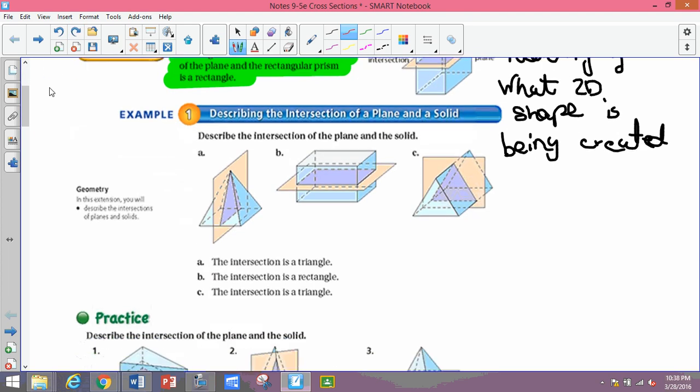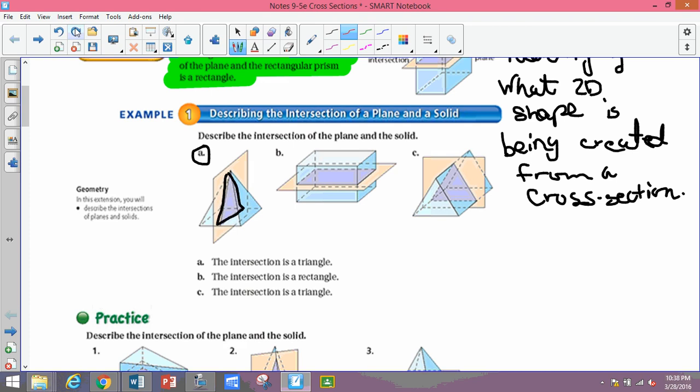Okay. So if you look at example one, example one has a rectangular pyramid, okay? And when you slice that blue rectangular pyramid with that pink plane, you end up with a purple triangle. That purple triangle is your cross section. B, if you take a blue rectangular prism and you slice it with a plane, you're going to end up with a rectangle.